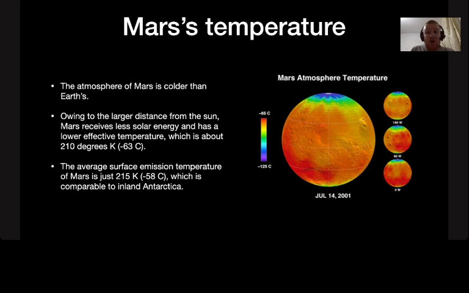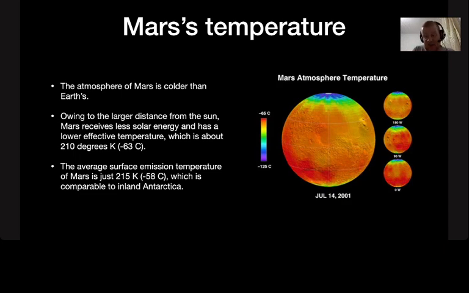That's very cold, guys. About as cold as Antarctica. And this is not the temperature of the poles. It's the temperature around the equator of Mars, the closest part of the planet to the Sun, which is minus 63 degrees.